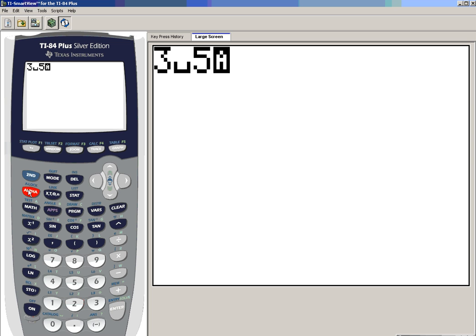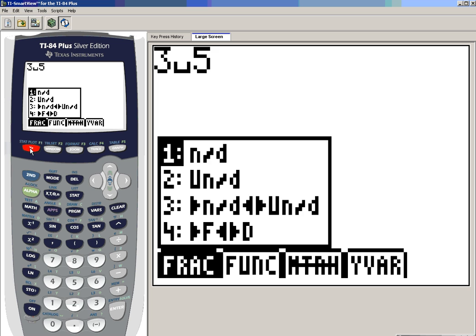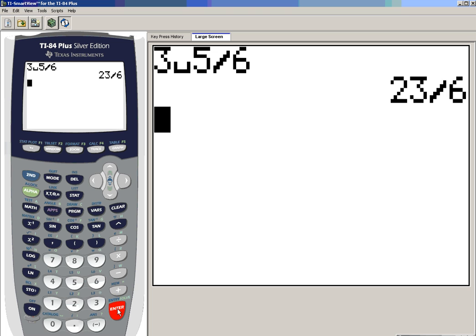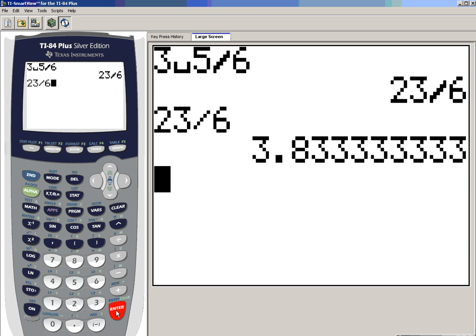That separates your whole number now from your fraction, which is 5. Alpha, y equals, your fraction key is number 1. So 3 and 5/6. Hit equals. There is your improper fraction. Divide that out now on your calculator. 23 divided by 6. And there is our decimal.